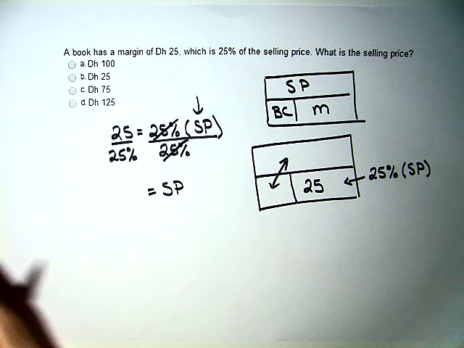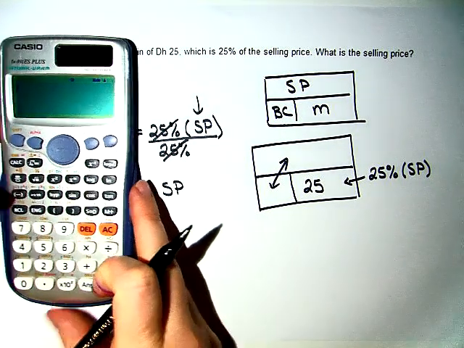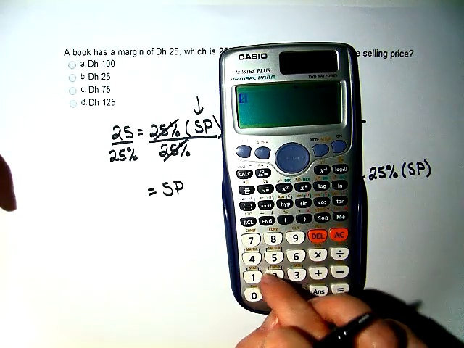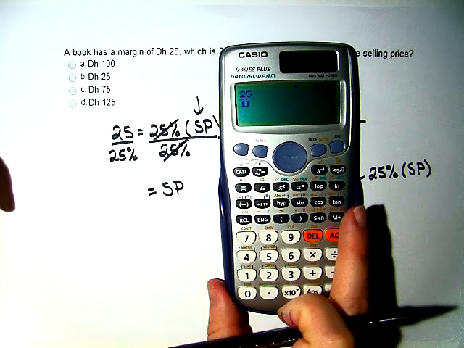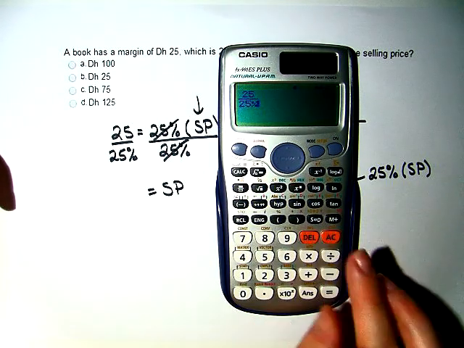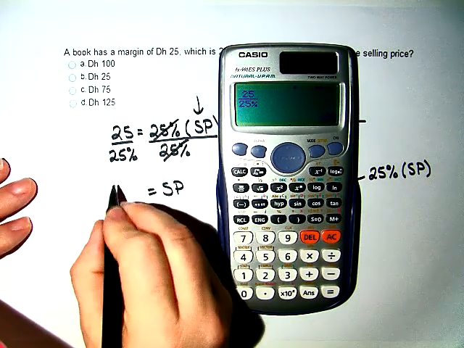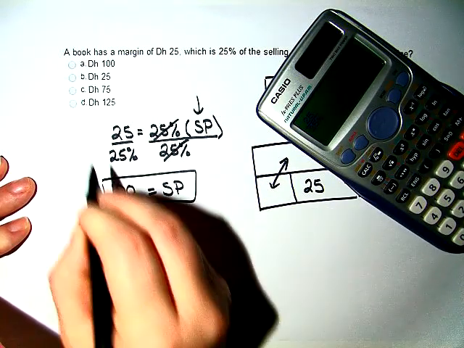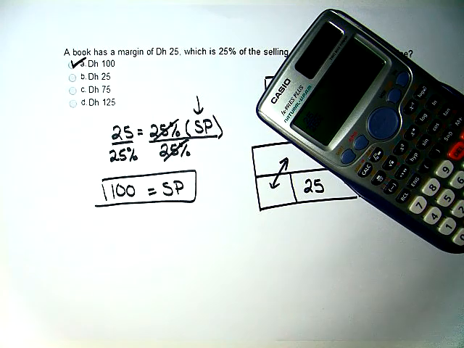So we get our calculator out and we're going to do 25 divided by 25%. And we get that the selling price is 100 dirhams, for the book.